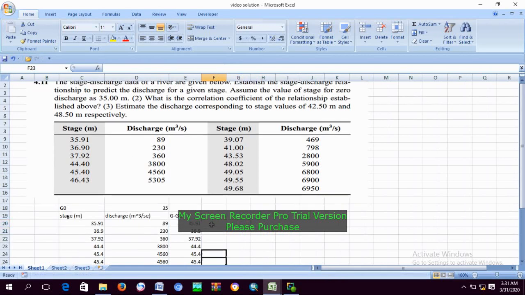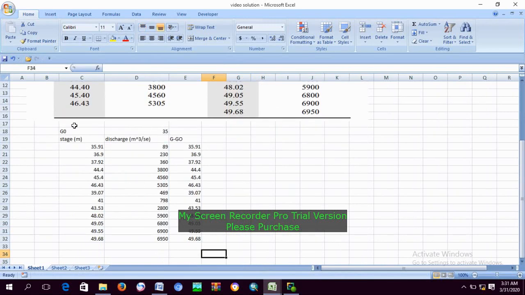After arranging this data, we should subtract the zero discharge stage, which is denoted by A. So we can subtract the value of A from each stage height, G. From this column, we subtract the value of A. That means each value is equal to the gauge height recorded at a specific time minus the zero discharge gauge height.